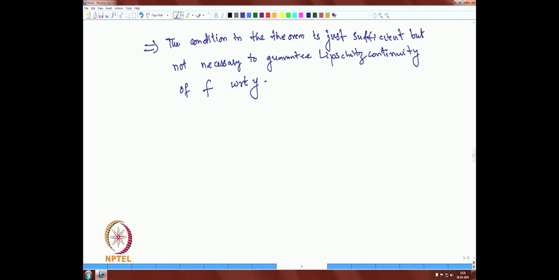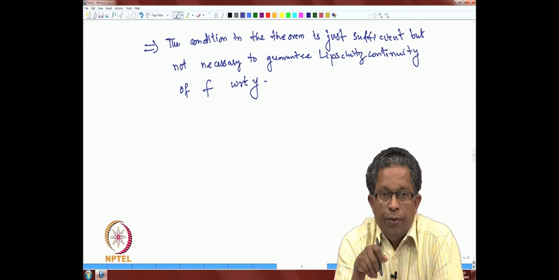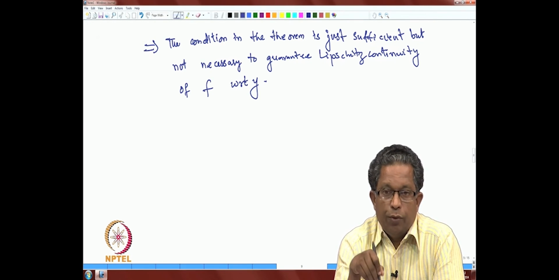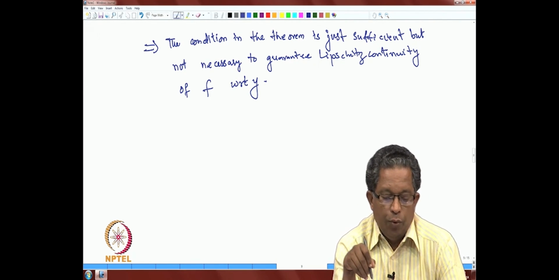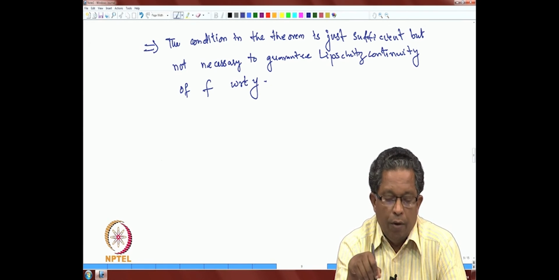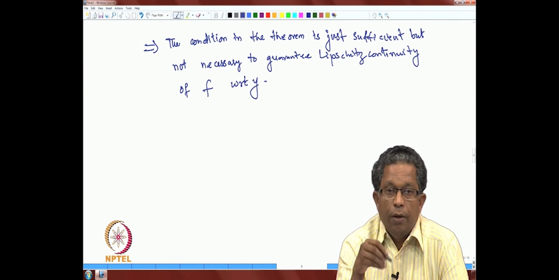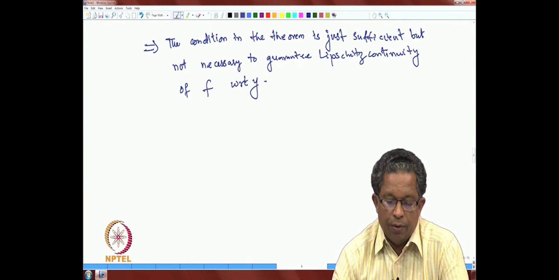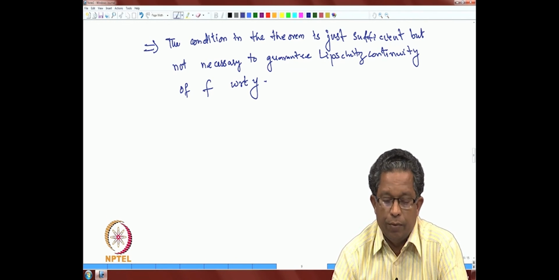So therefore, for a given differential equation, we can check the continuity of f with respect to x and y, and also check the Lipschitz continuity of f with respect to y to address the question of existence, uniqueness, and continuous dependence of the solution with respect to the initial condition.